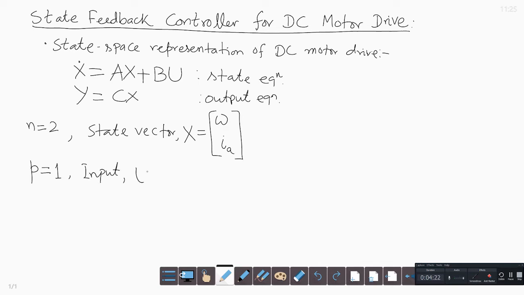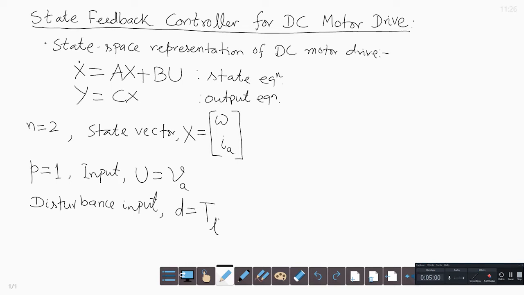Input u is Va, that single input is the applied voltage to the armature Va. And also we consider a disturbance input. In this model we consider the load torque to be the disturbance variable, so disturbance input d is TL, load torque TL.